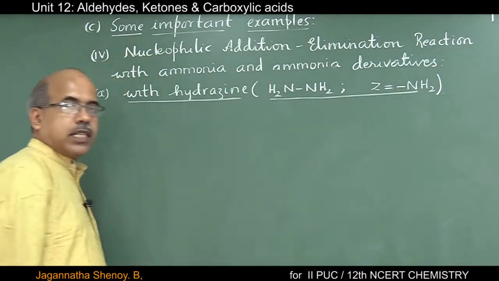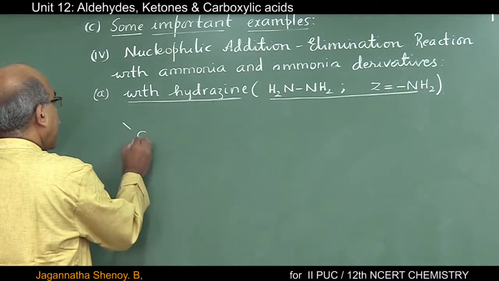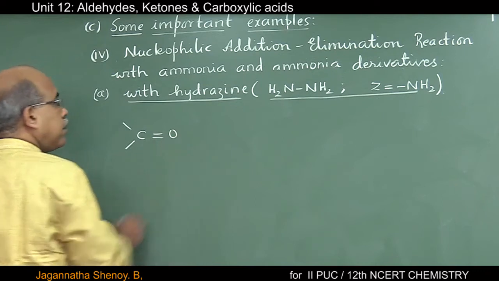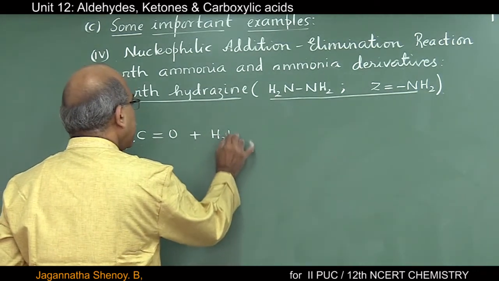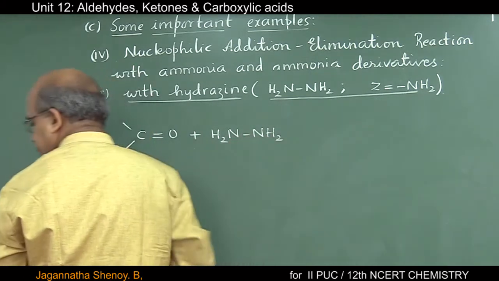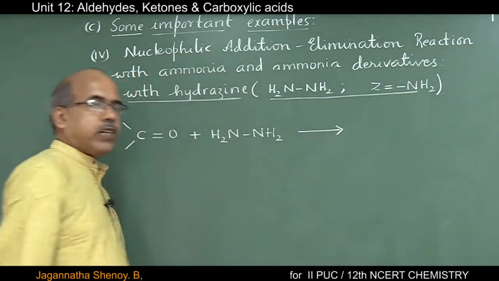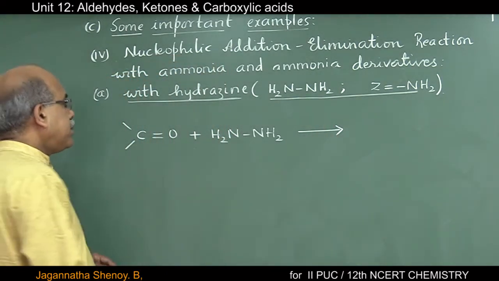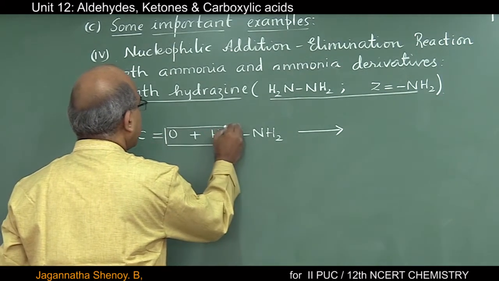So let us write the equation with hydrazine: carbonyl compound, C double bond O, and the ammonia derivative, hydrazine, NH2 single bond NH2. The reaction is carried out in weakly acidic medium. I've already told you how to arrive at the final product.